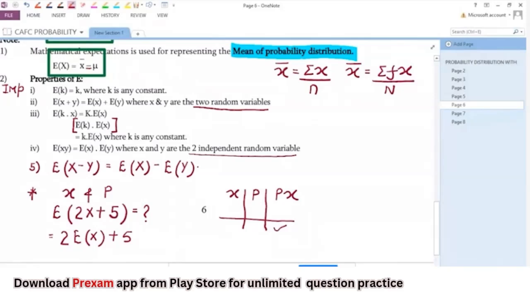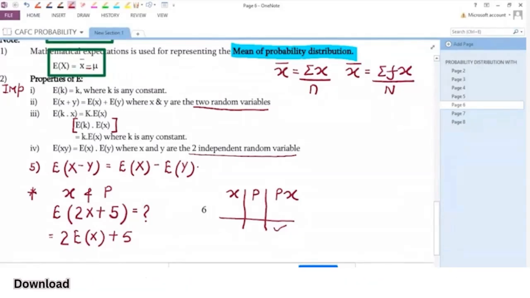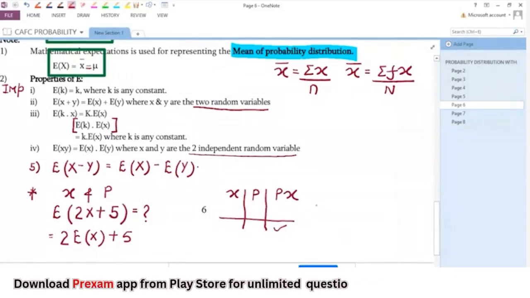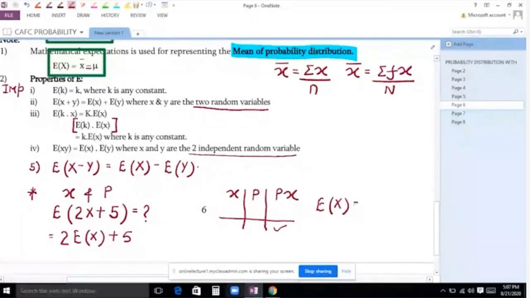Whatever will be the total of PX, that would represent E of X, which is equal to summation of P into X. और ये वैल्यू फिर तुम लोग वहां पे सब्स्टिट्यूट करके आंसर पूछ सकते थे.